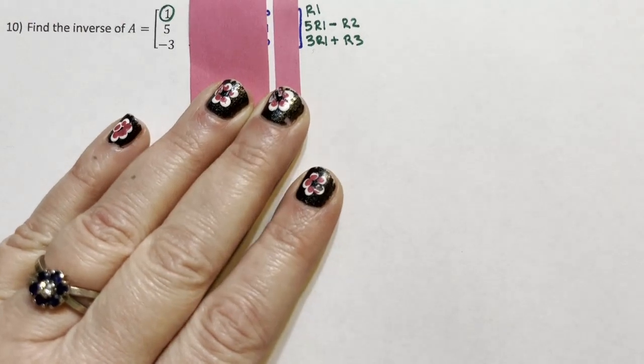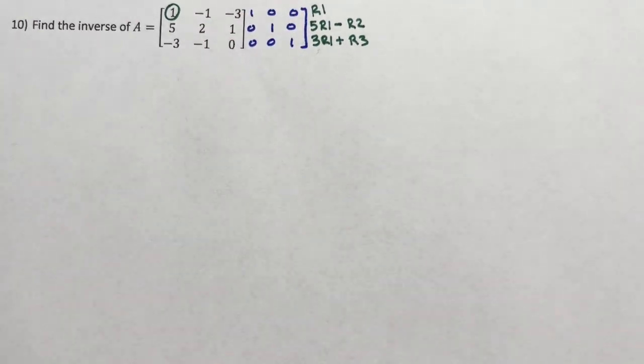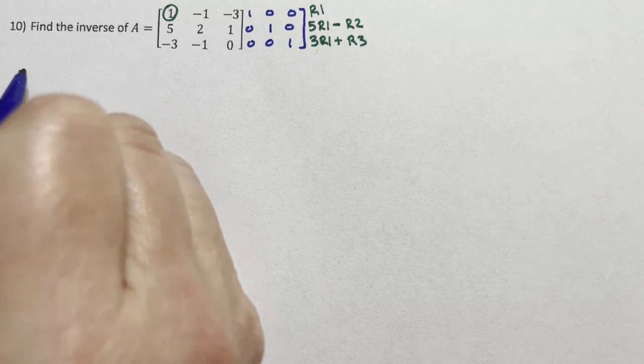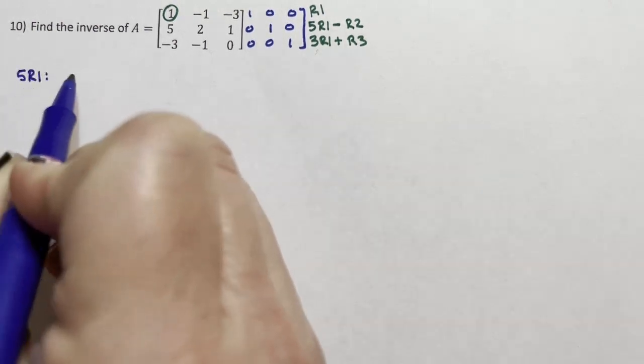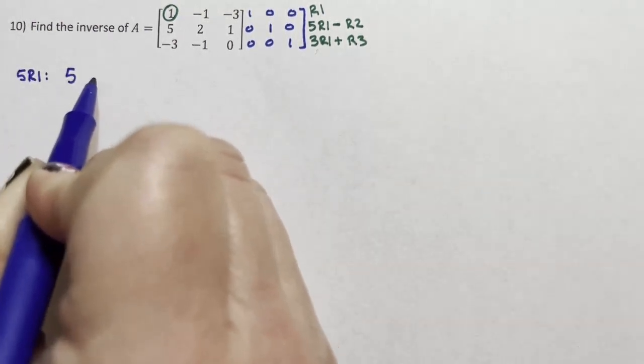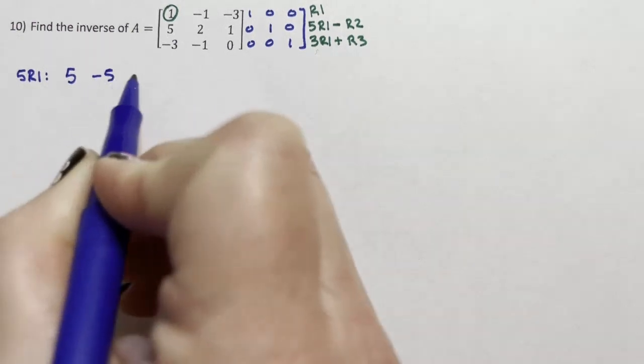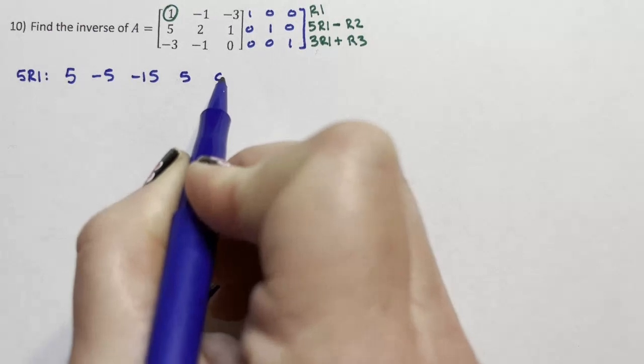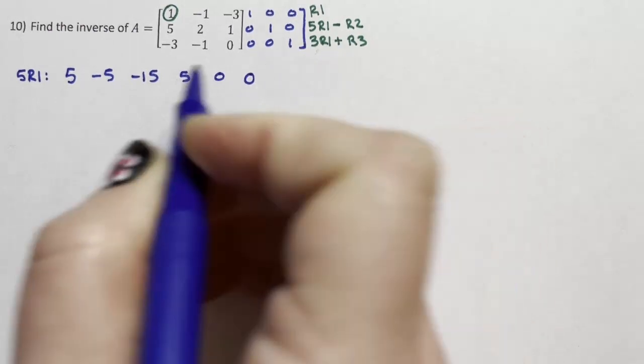I'm now going to do the math of those two mappings. Again, I didn't do any mappings on the first row because I didn't need to. So 5 times row 1 is going to be 5, -5, -15, 5, 0, 0, minus row 2.